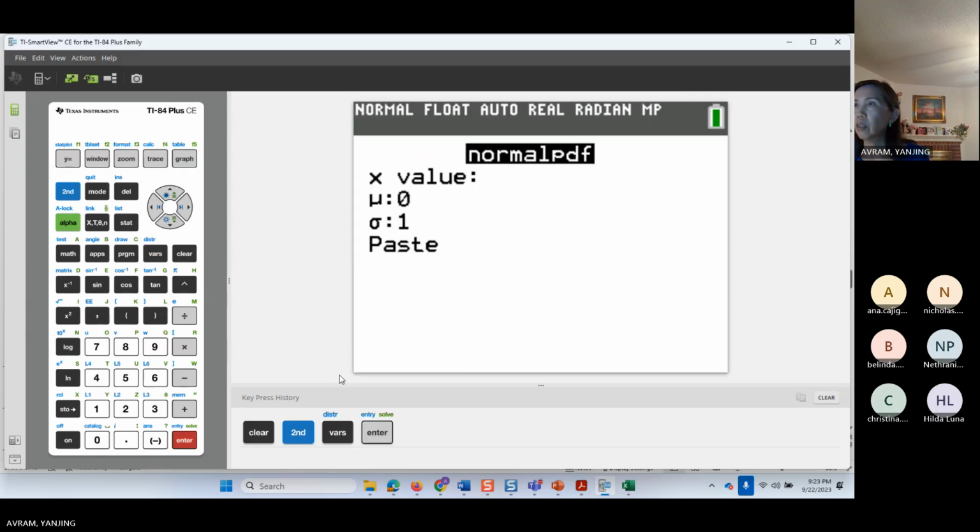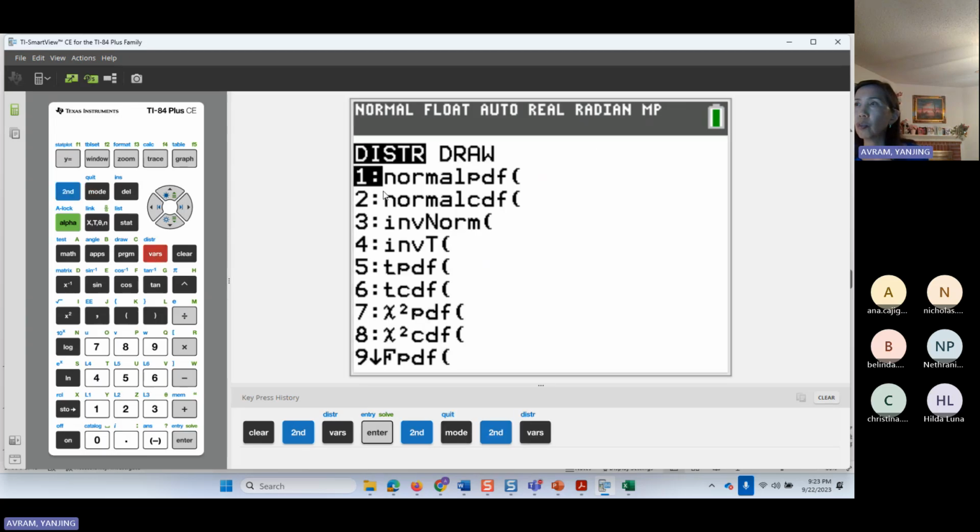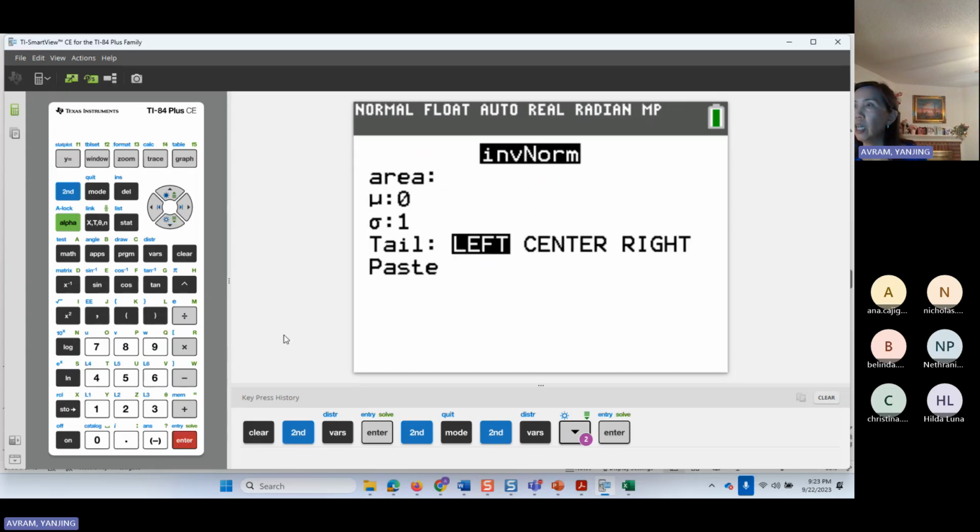Now this second bar is the distribution using the inverse norm. Yeah, inverse norm, because we want to find a Z-score. All right, inverse norm, and I hit enter, and you just input the area.